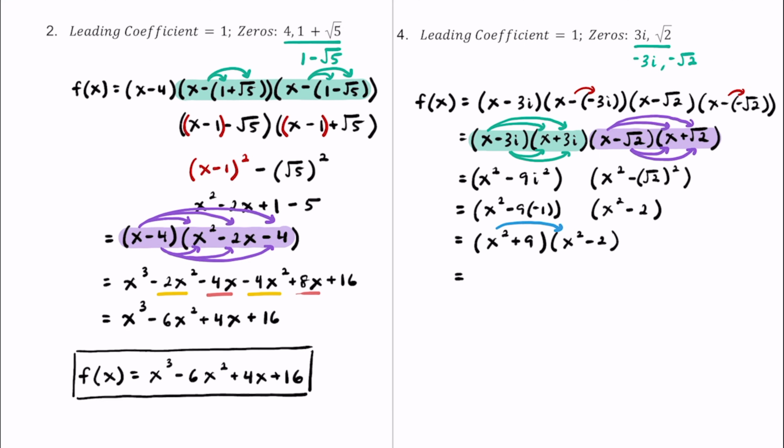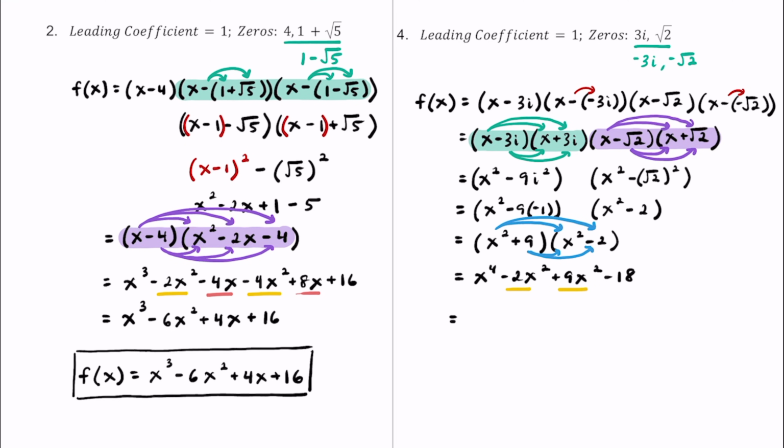So we have x squared times x squared, that's going to be x to the 4th power. And then this x squared multiplied by negative 2, that's going to be negative 2x squared. Then 9 times x squared, that's going to be positive 9x squared. And then finally, this 9 times negative 2, that's going to be negative 18. All right, so finally, I think we can just combine a couple like terms in here.